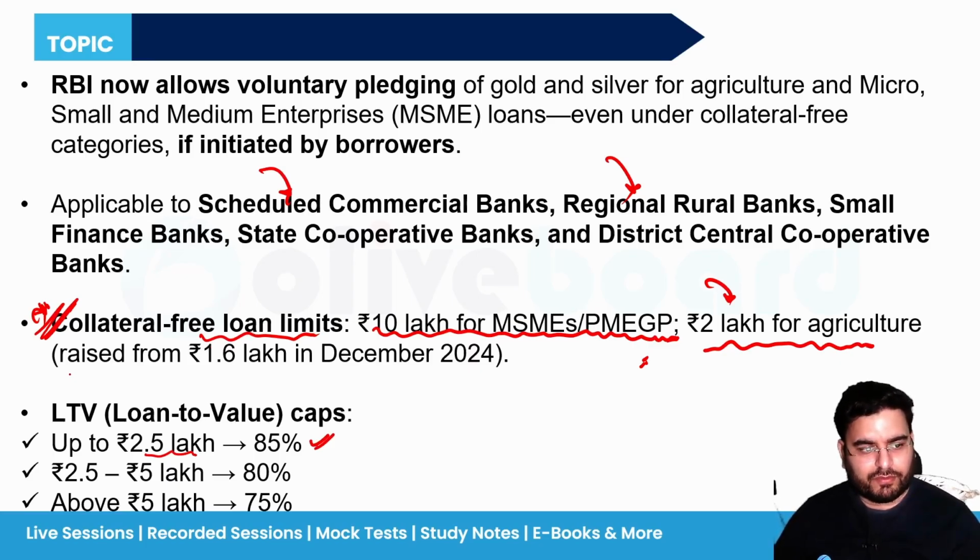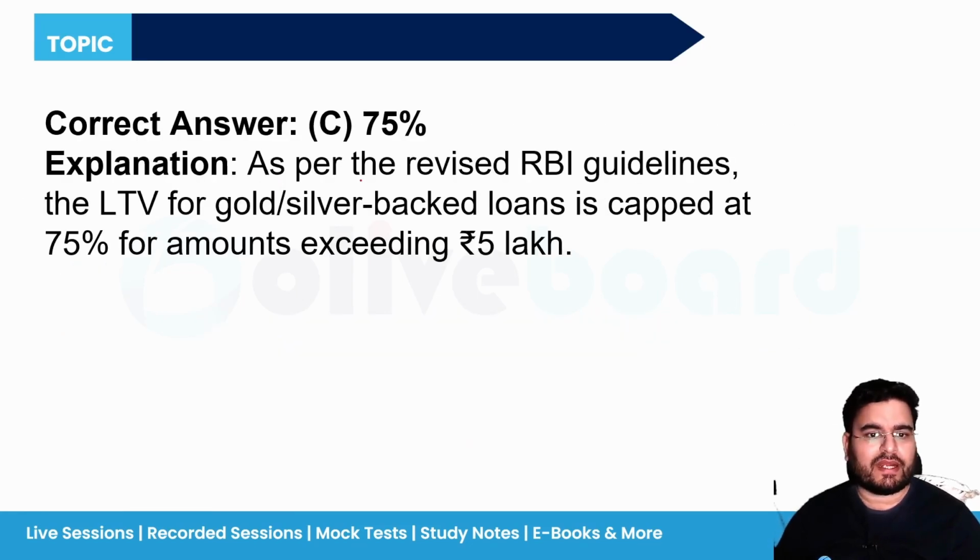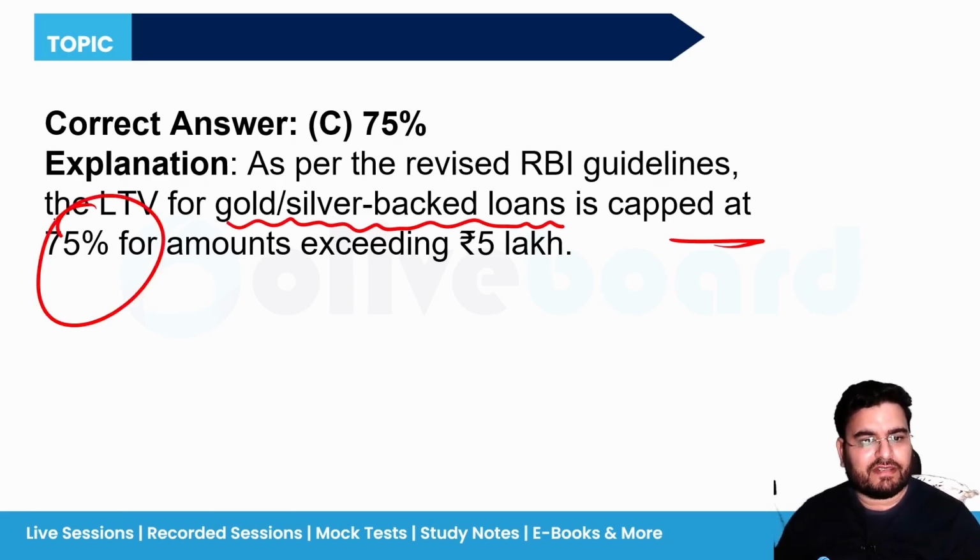If you want loan between 2.5 to 5 lakh, you can get 80% of your gold and silver value. And if you are opting for above 5 lakh rupees loan, then you will get 75% of the value of your gold and silver. Got it? So please remember this thing. So the loan to value for gold and silver backed loans is capped at 75% if the loan value exceeds 5 lakhs.